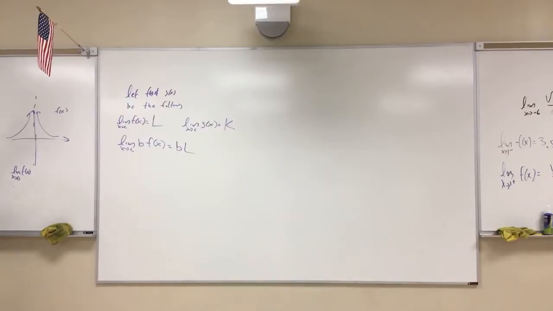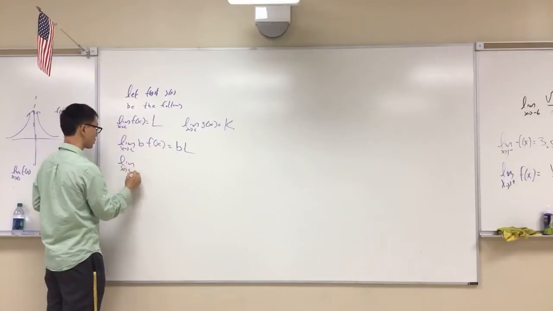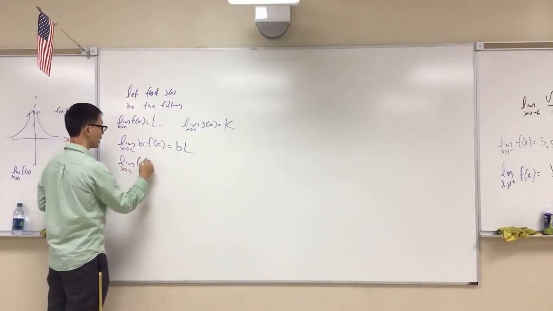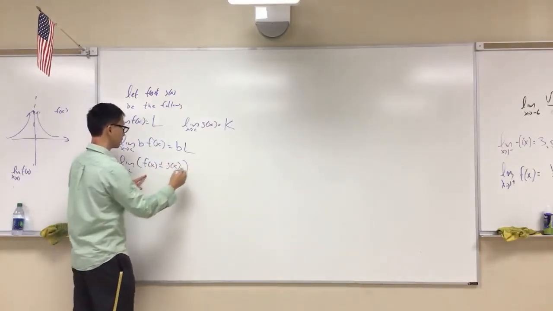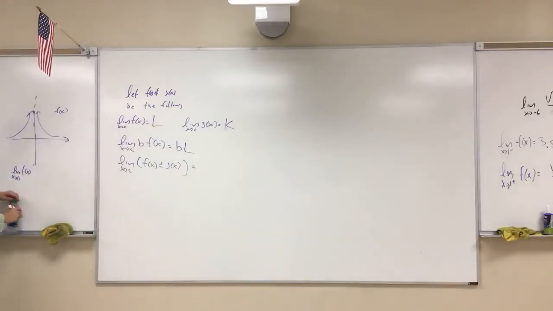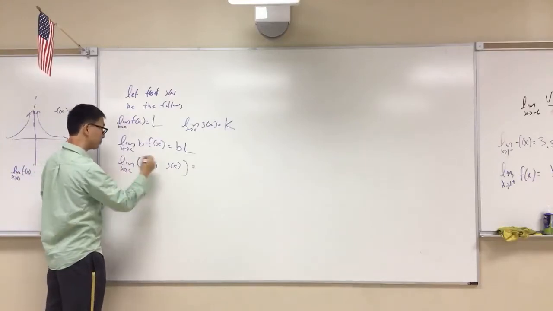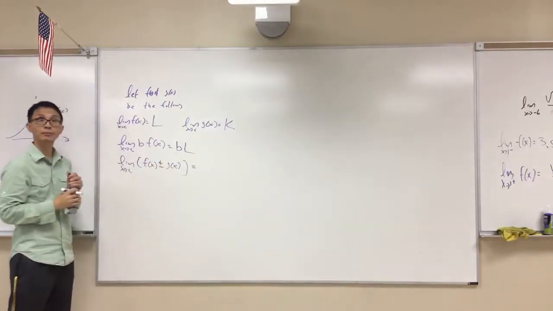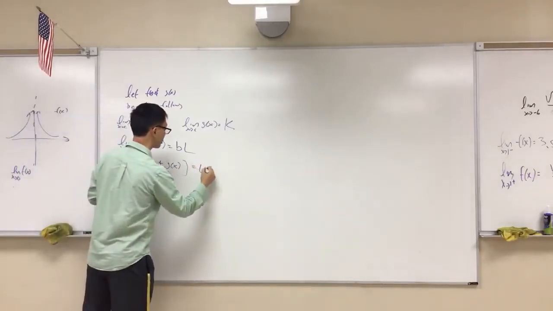Now we're going to go to the next one, sum and difference. If I have the limit as x approaches c of f of x plus or minus g of x, that's going to be L plus or minus K. It's very intuitive.